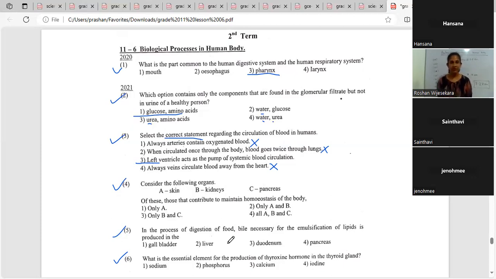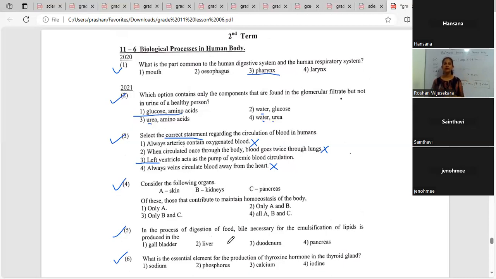Then the fourth question: consider the following organs: skin, kidney, and pancreas. Of these, which contribute to maintaining homeostasis of the body? Homeostasis means maintaining body conditions at a constant level, like the level of blood glucose, the blood water level, and body temperature maintenance.